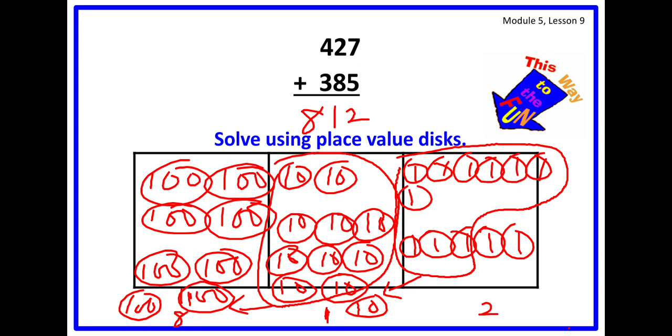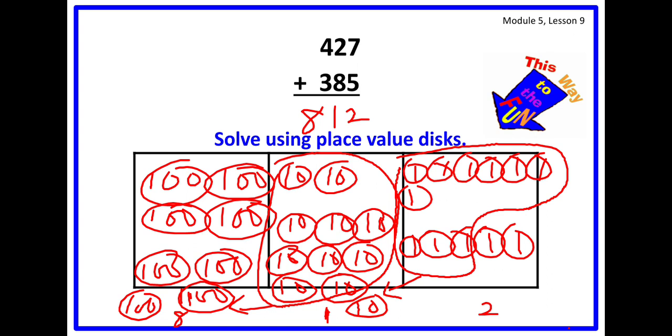Alright, the same question. We are solving it using our place value disk. In addition, you have to represent the 2 numbers in the chart. The 2 numbers have been represented in the chart. And now let's go to the one side. In the one side, we bundled 10 ones and we took it to the 10 side, left with 2 ones.